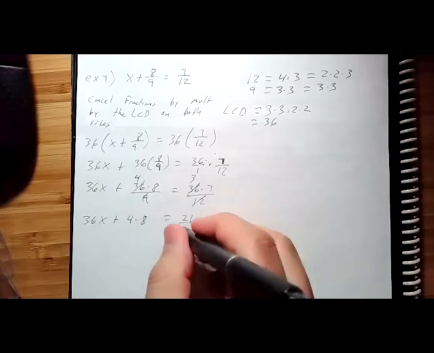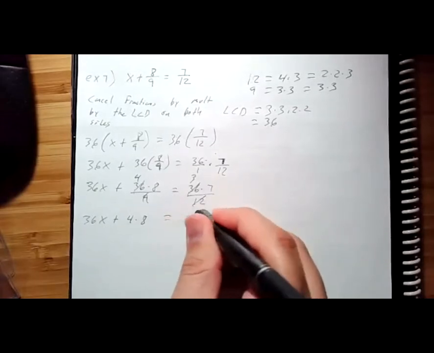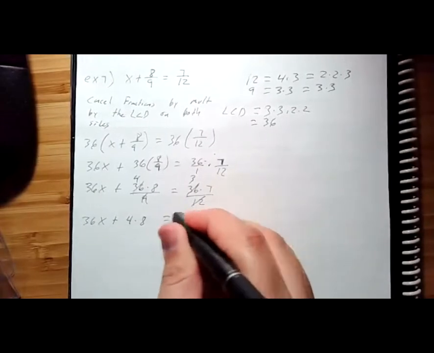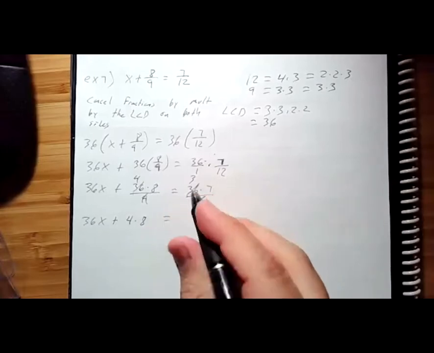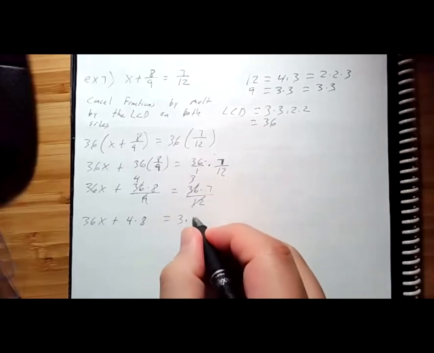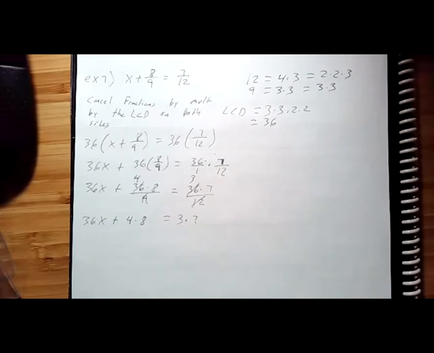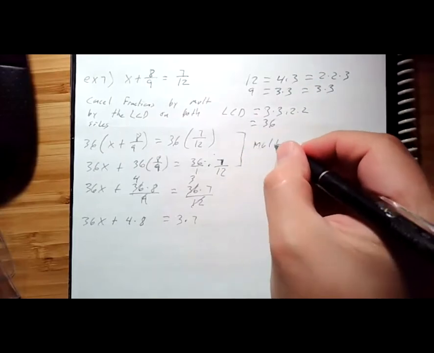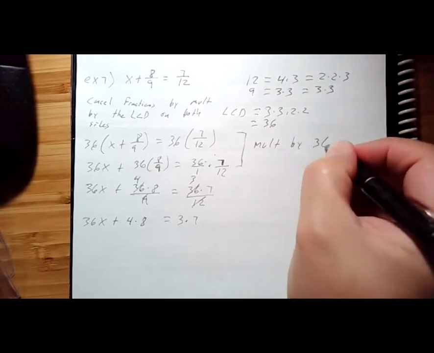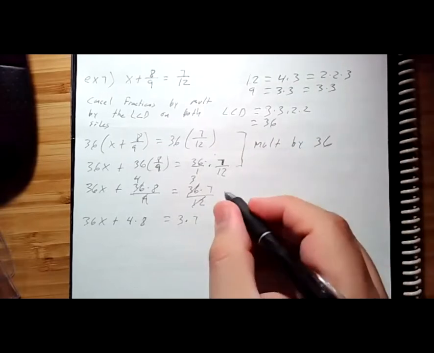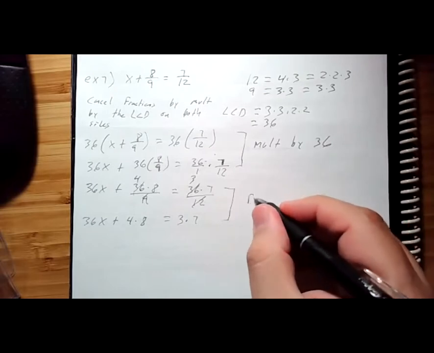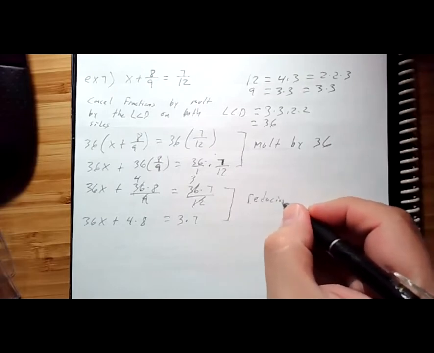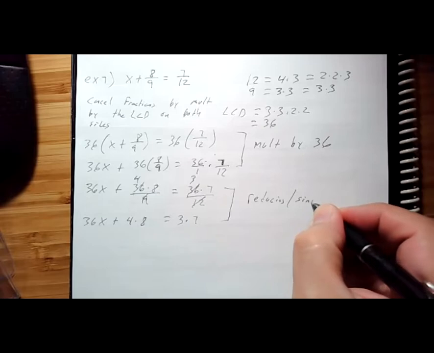Oops, just 21. Okay, so right here, multiply by 36 is what happened. Here is reducing, simplifying.